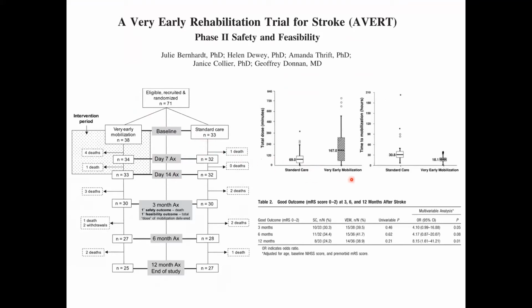They showed the feasibility of very early mobilization in terms of earlier timing of mobilization and more total dose of mobilization in their very early mobilization group. They also showed preliminary efficacy, which shows a better mRS outcome in their very early mobilization group after adjusting for some confounders.